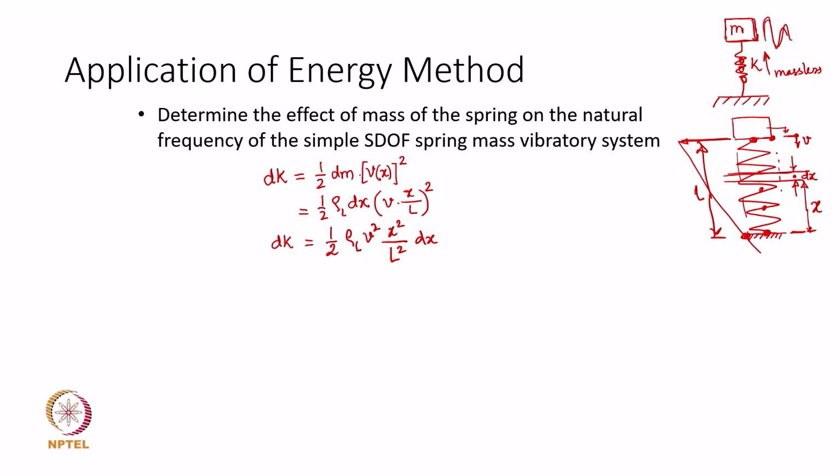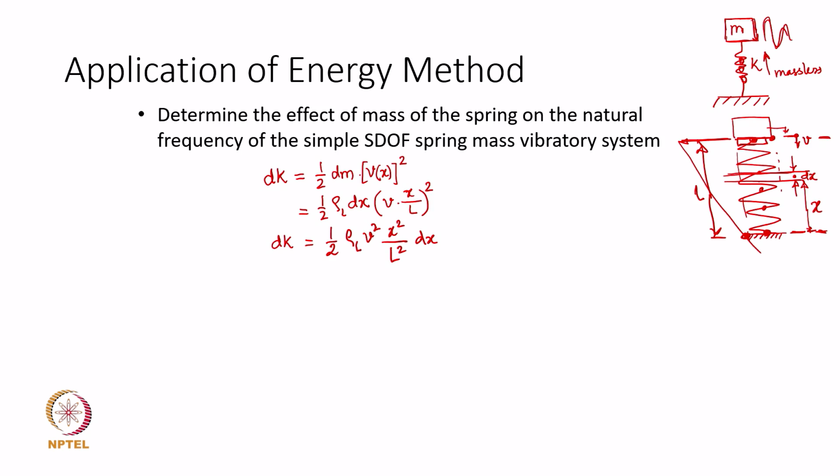The kinetic energy of this small element will keep changing. If I consider a small element near the free end, the kinetic energy there will be much larger, because the velocity is changing all the way from the root towards the free end of the spring, where the mass is attached.